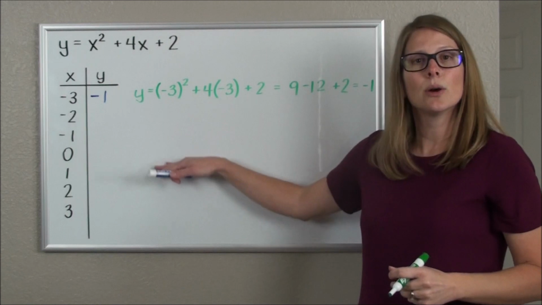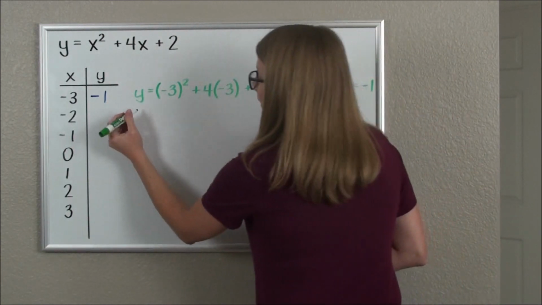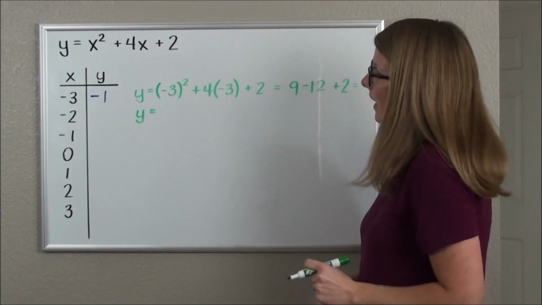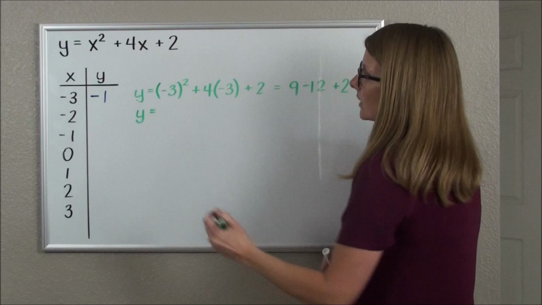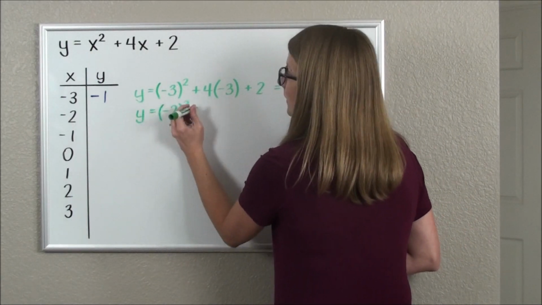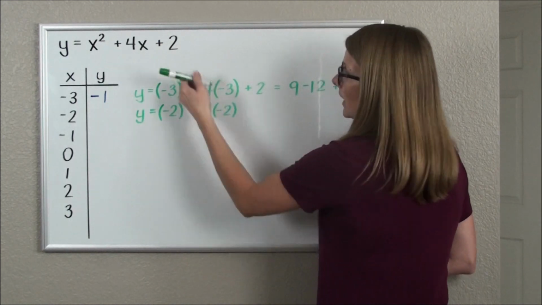We're going to continue going through the table until we see where the mirror is. If we can find the mirror, we can go ahead and reflect all of the other values. So now we're plugging in negative 2. Again, x squared, this time it's negative 2 squared, plus 4x, so plus 4 times negative 2, and then plus 2.